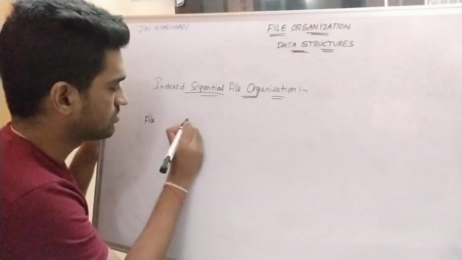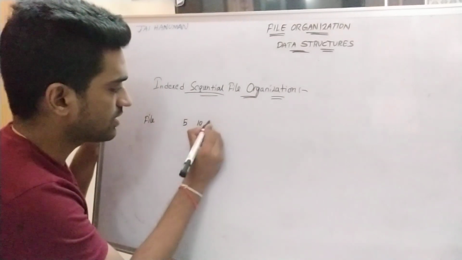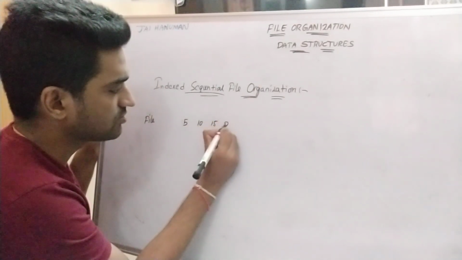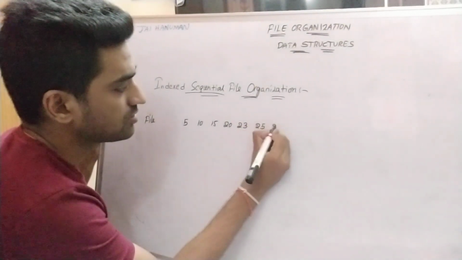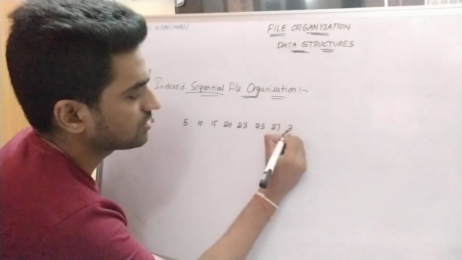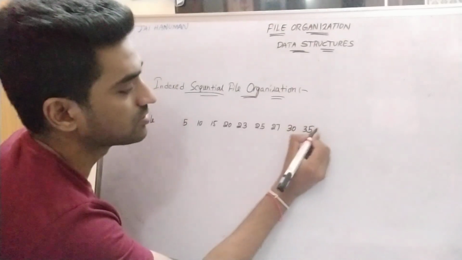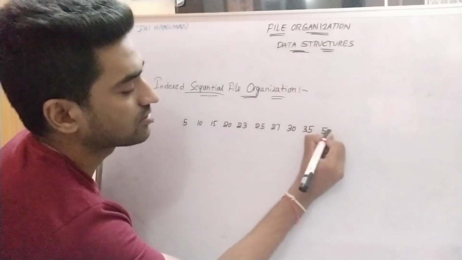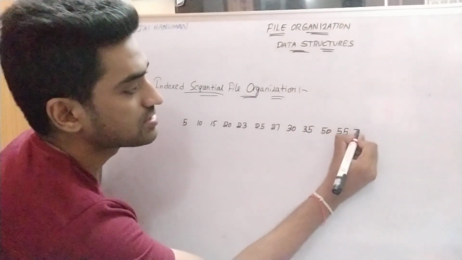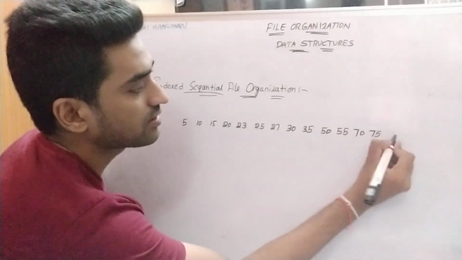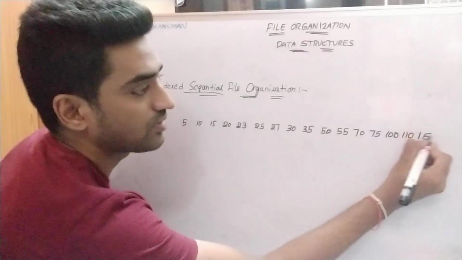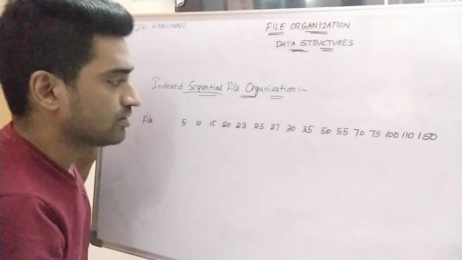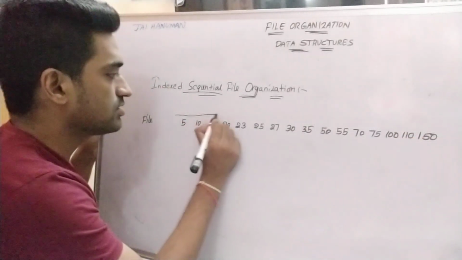For suppose 5, 10, 15, 20, 23, 25, 27, 30, 35, 50, 55, 70, 75, 100, 110, 150. So this file consists of these records.